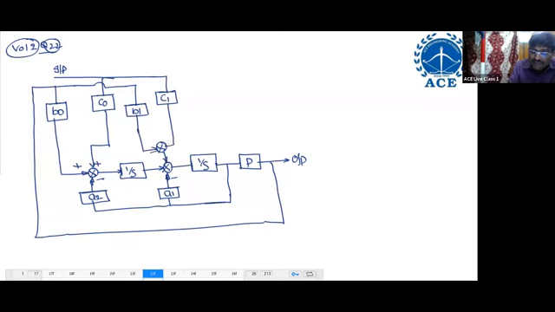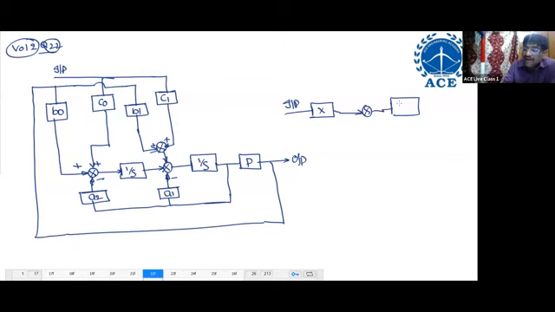This is the diagram. This we have to convert into like this. Input should be here, connected blocks is X. And next here summing point.